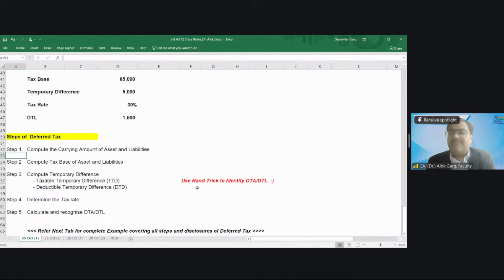After tax. Profit after tax. If the question is asking you profit after tax, what is the intention of the question? The examiner wants to know your knowledge on tax provision, I mean to say the accounting provision relating to taxes.